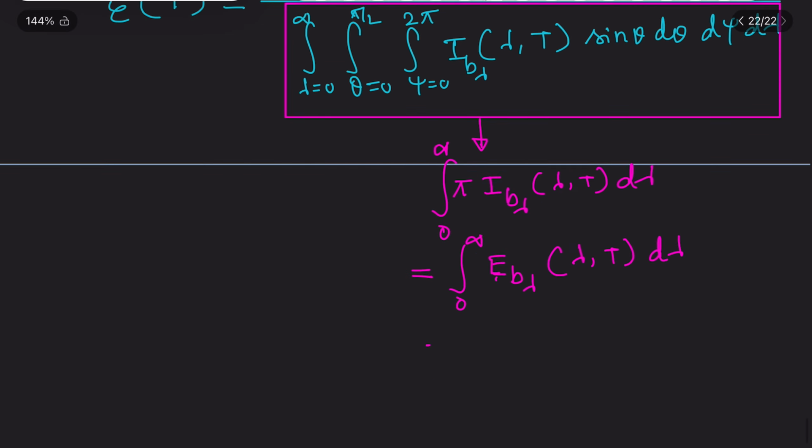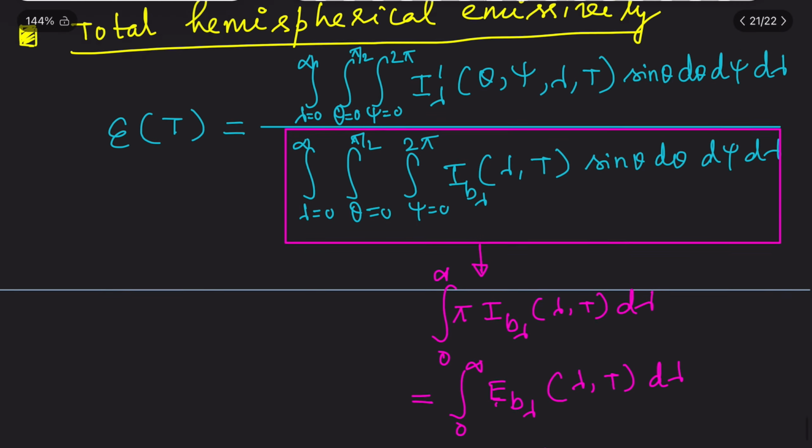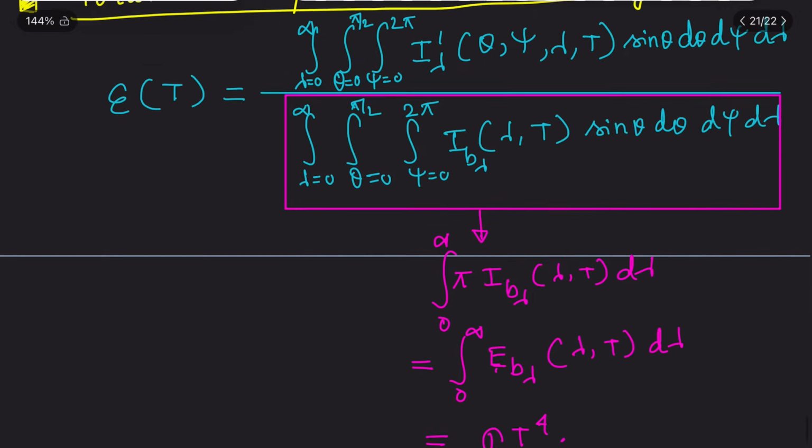If we put in Max Planck's result, it becomes sigma t to the power 4, so the whole denominator becomes sigma t to the power 4. Clear? So we have completed the emissivity part.